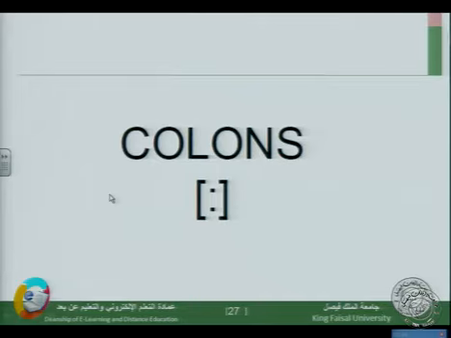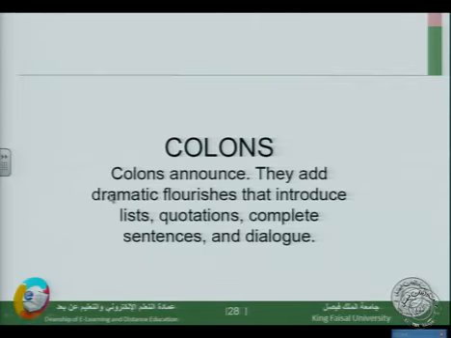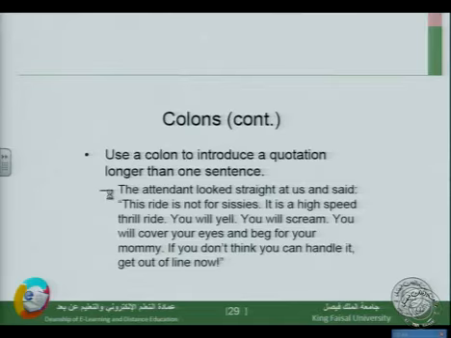Now we are done with the commas. Let us move to the other part, which is the colons. Colons announce. They add dramatic flourishes that introduce lists, quotations, complete sentences, and dialogue.